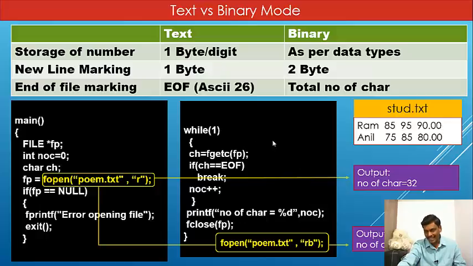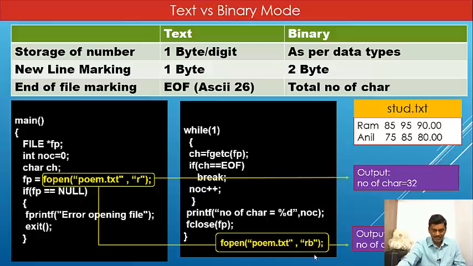The next line marking, because it is text mode, occupies only 1 byte. So the total number of characters is 32. It displays number of characters equal to 32, including the new line marking of 1 byte. Then it takes 1 byte per digit, so 5 bytes are required.